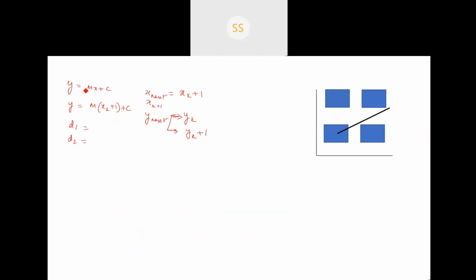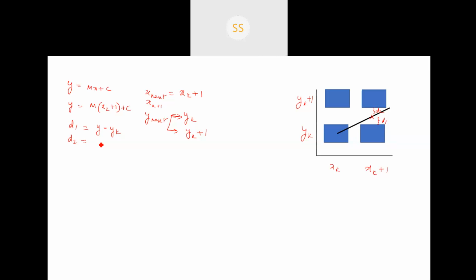I need to find my d1 and d2. I already told you it is the difference between these two points. This distance is d1 and this distance is d2. This is your xk, this is xk plus 1, this is your yk and this is yk plus 1. So what is my d1? d1 can be written as y minus yk. I'm just taking the y coordinate values because that is more important for me.